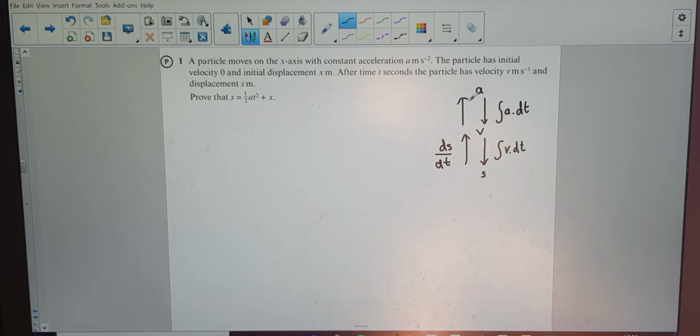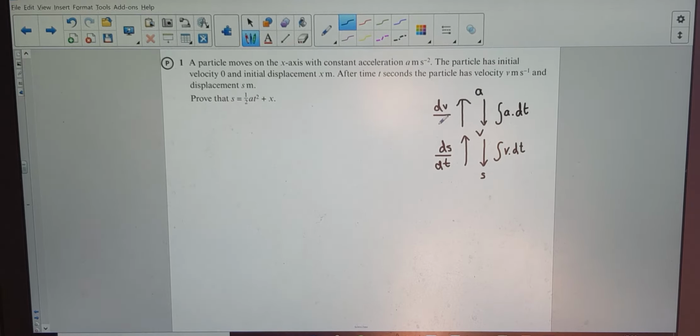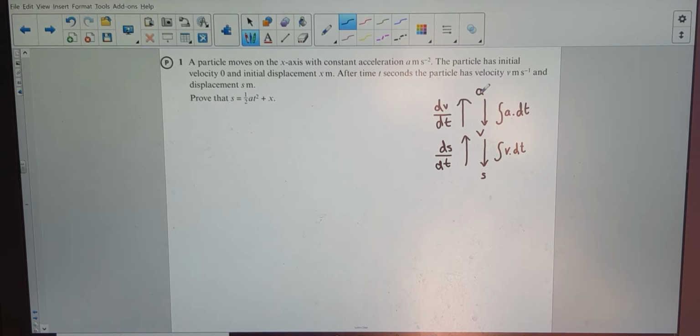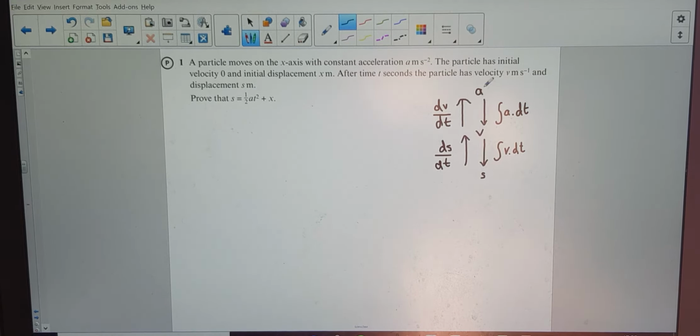Just as acceleration is the change in velocity over the change in time. Right. So if I have acceleration, integrate to get to velocity. If I have velocity, integrate it to get to displacement. Ultimately, I know that my expression for displacement has a in it, so I'm going to have to integrate a once and then integrate v in order to get to s. Where do I begin?